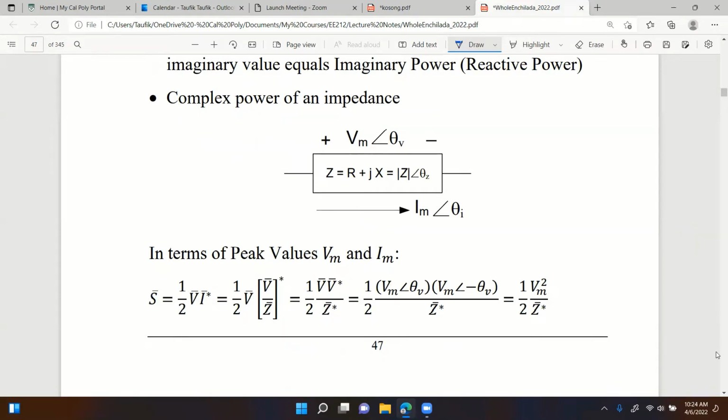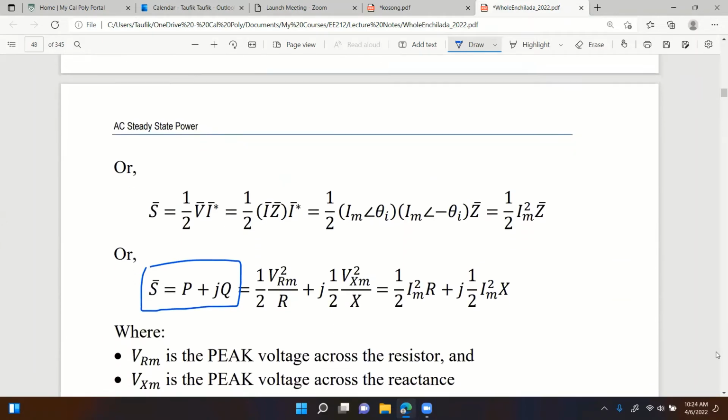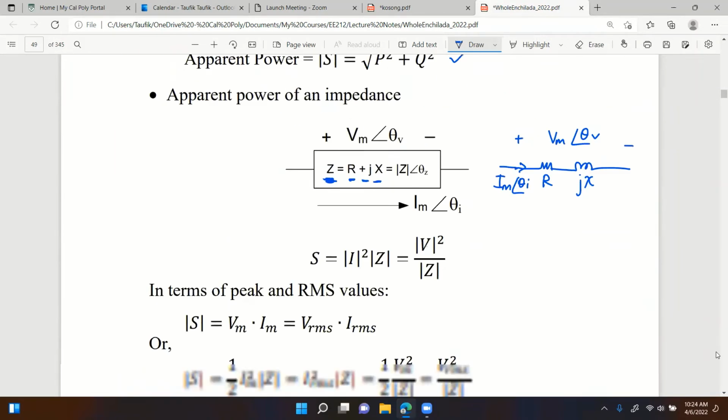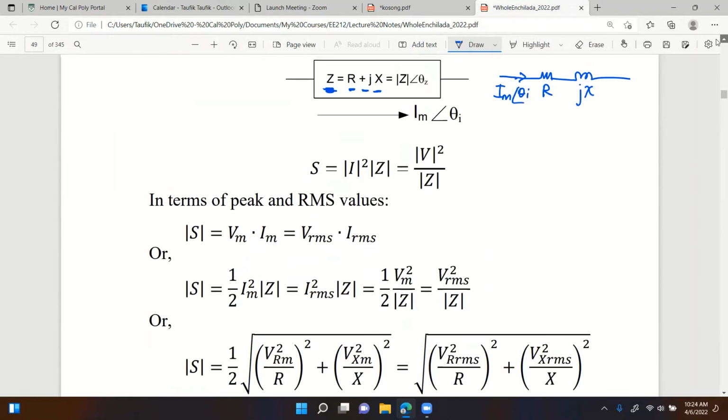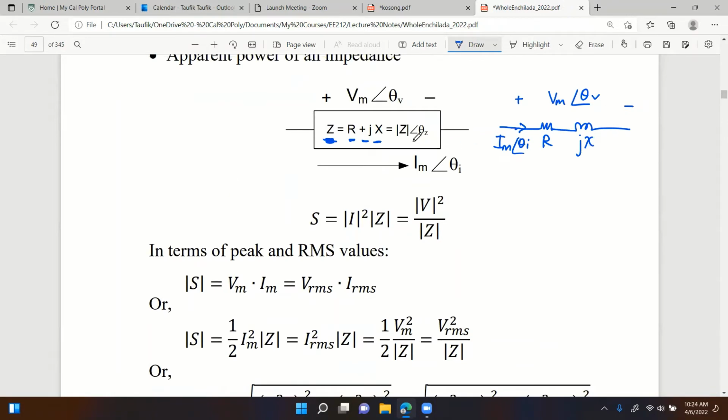I use the same setup for the device, except now I'm trying to derive the equations for apparent power. The first typo I have is this: it should be like this, because it is apparent power. And then the equation here is I squared times Z, which is equal to V squared divided by Z.